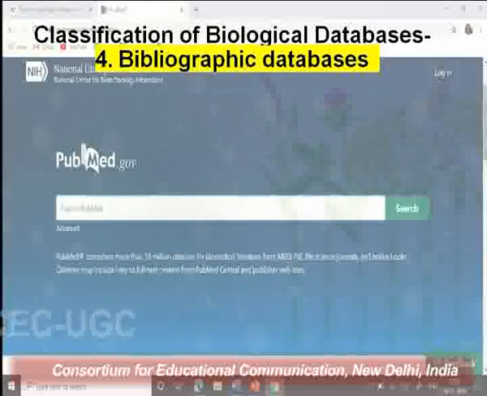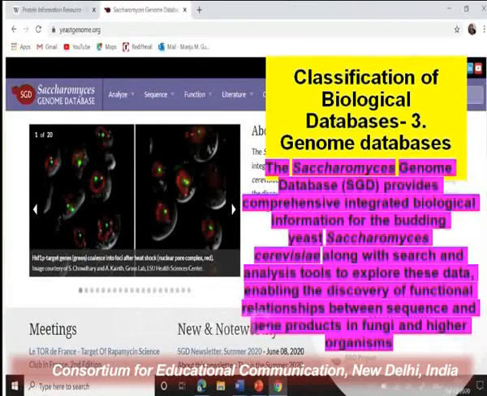Next we have genome databases. Again, we have several types of genomes sequenced, and we store them in one database. I have just taken the example of the yeast genome database here. This provides comprehensive integrated biological information for the budding yeast.